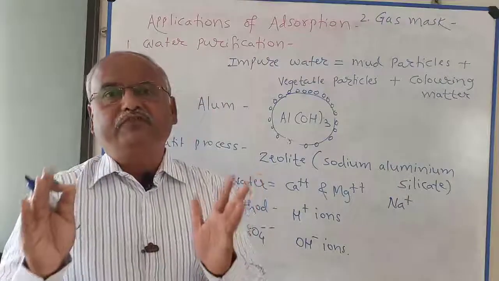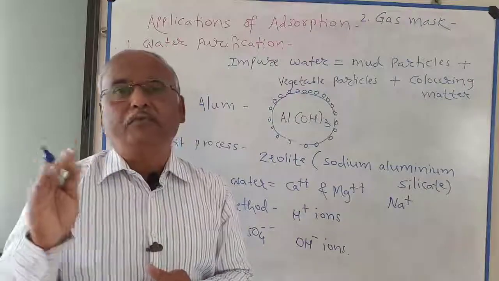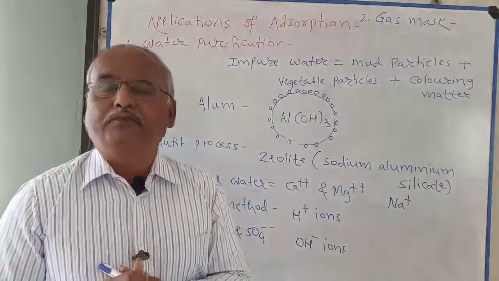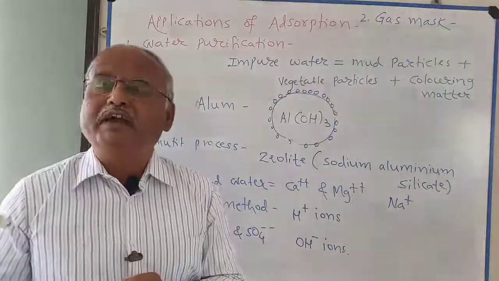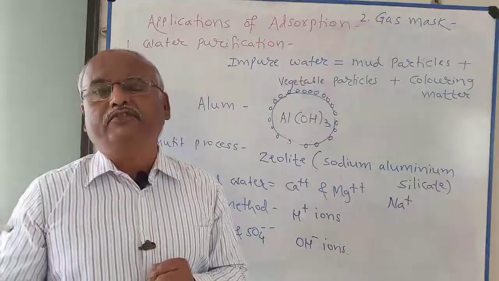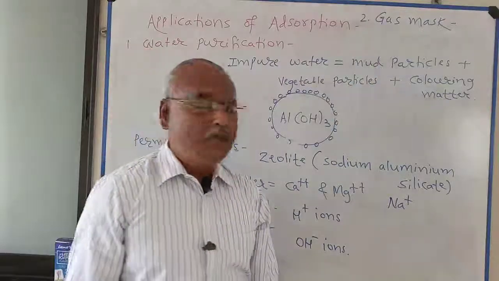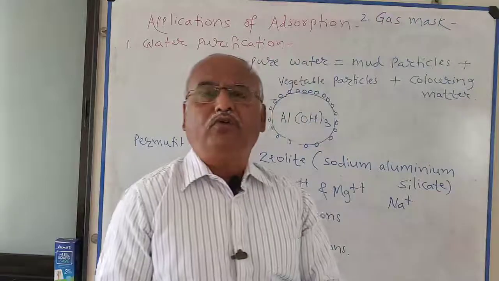That means the substance which contains higher percentage of carbon is burnt at higher temperature. Coconut shell is also burnt at higher temperature and it is called coconut charcoal. These are activated charcoals. Gas mask contains activated charcoal.